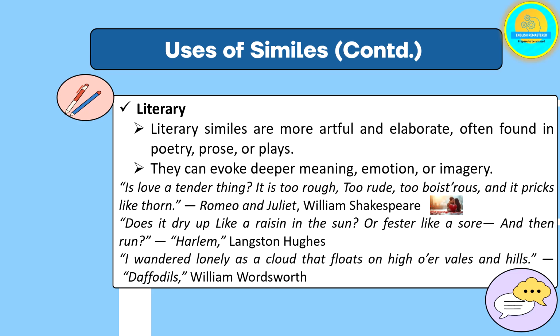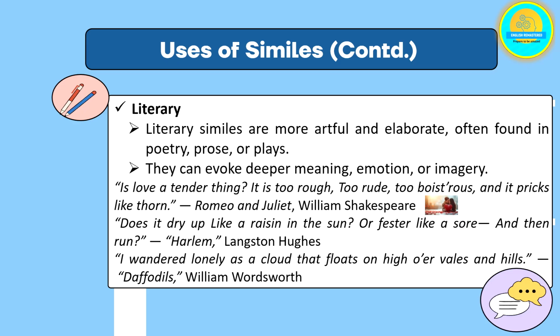In Harlem by Langston Hughes, he says, "Does it dry up like a raisin in the sun, or fester like a sore, and then run?" In the famous poem Daffodils by William Wordsworth, the lines are, "I wandered lonely as a cloud that floats on high over vales and hills."